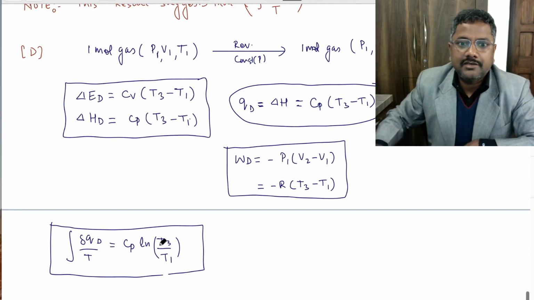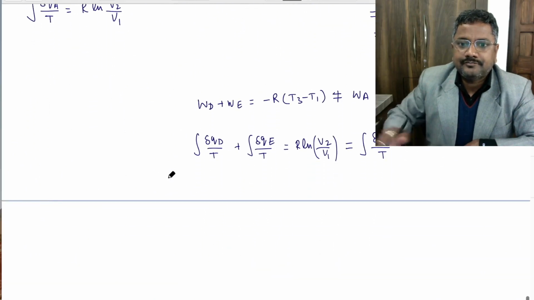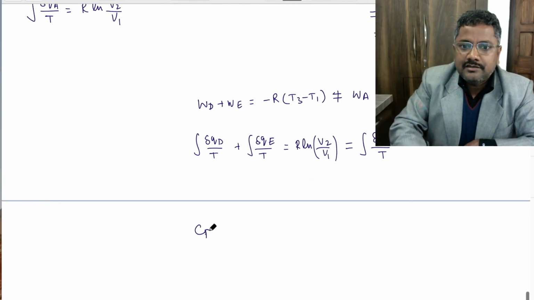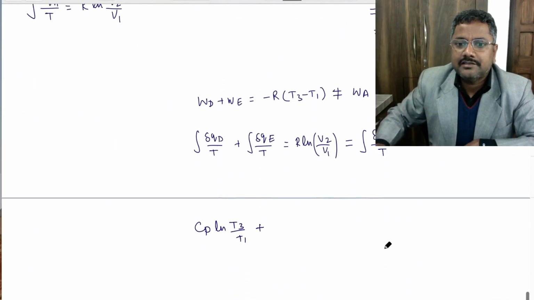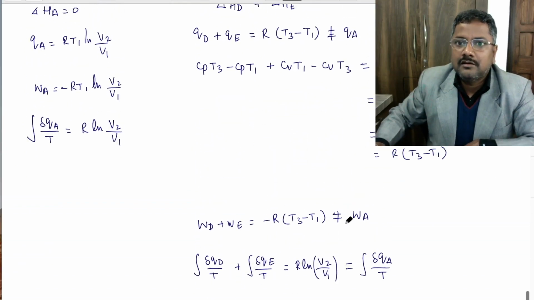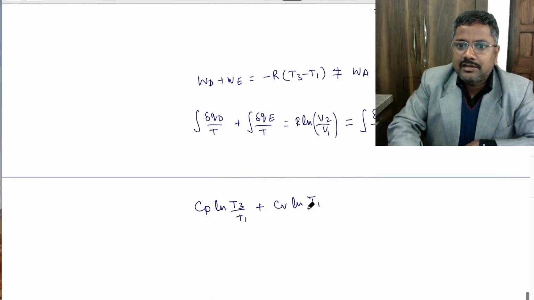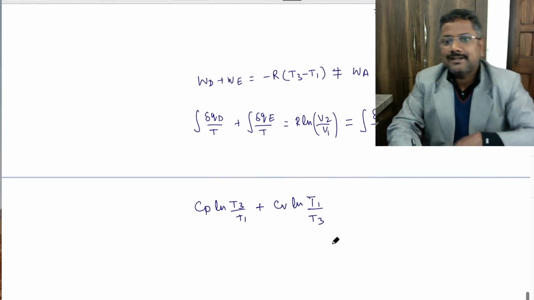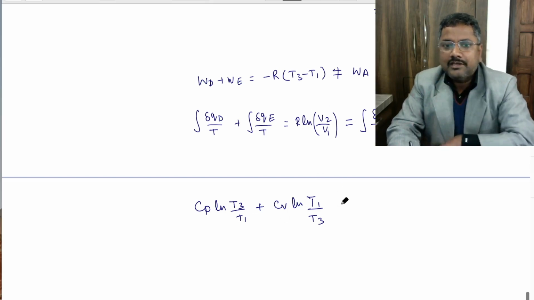CP ln T3 by T1, plus QE by T. What we have calculated? CV ln T1 by T3, right? So we can prove this is equal to R ln V2 by V1.